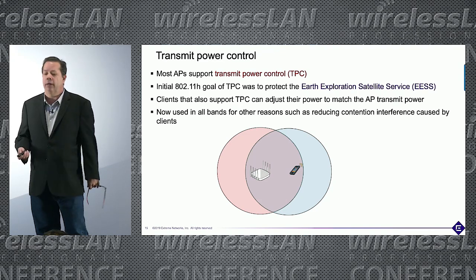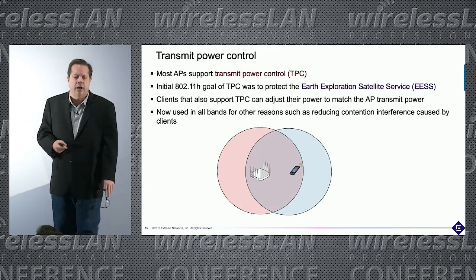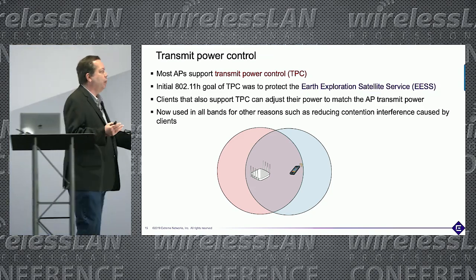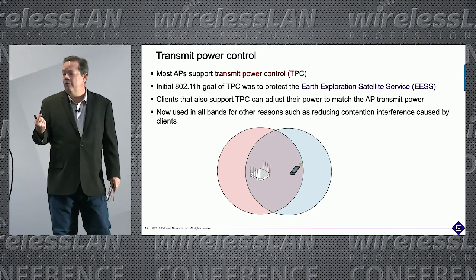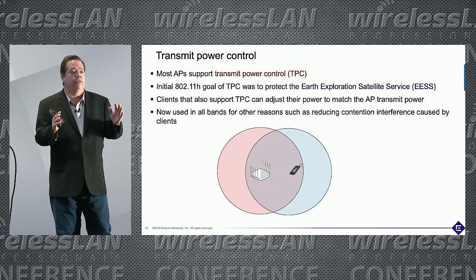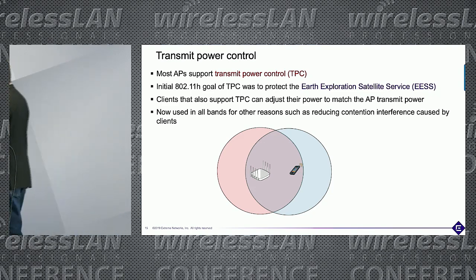There is another use case for this, the third bullet right there, and that is that a lot of people like to turn it on in their wireless networks. By the way, this can now be used in 2.4 gigahertz, so pretty much all radios do this. It's to power down clients to match the AP's radio for a balanced link. I was actually in GT Hill's class, and he was talking about the fallacy of the balanced link. It's not necessarily to make sure that the APs can hear the clients.